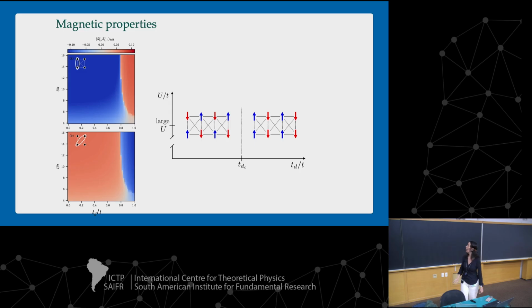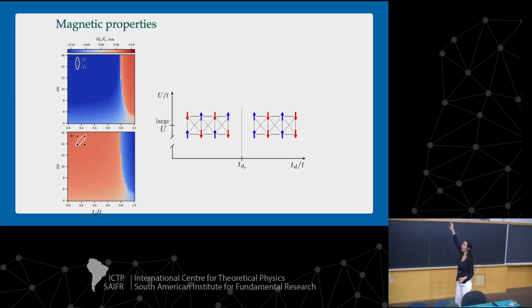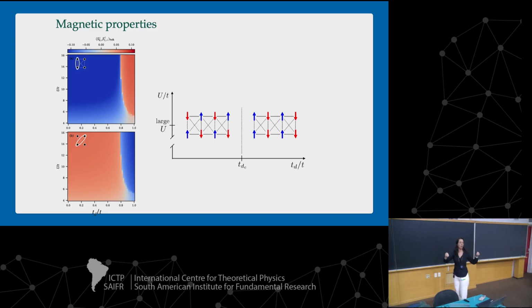So what's going on here is as we increase the diagonal hopping, we move from something that looks like that, antiferromagnet, to something that looks like that. It is antiferromagnet along the chain, but it's ferromagnet within each rung. And when we look at it, we see that each rung is now an S=1 state.